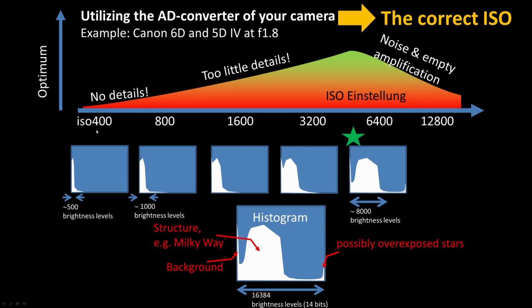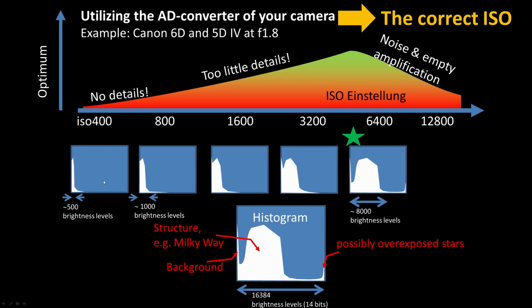If you have low ISO and you look at the so-called histogram, at ISO 400 your histogram is somewhere here on the left side of the graph. All the information of the picture is cramped on the left side and happens within just 500 brightness levels.